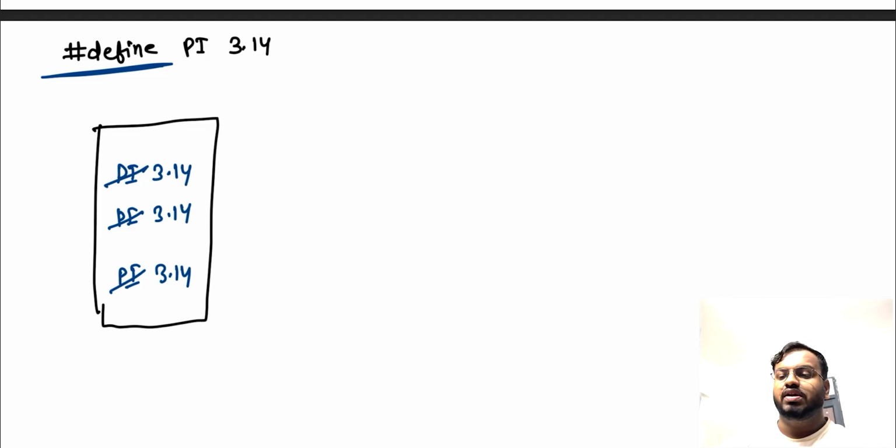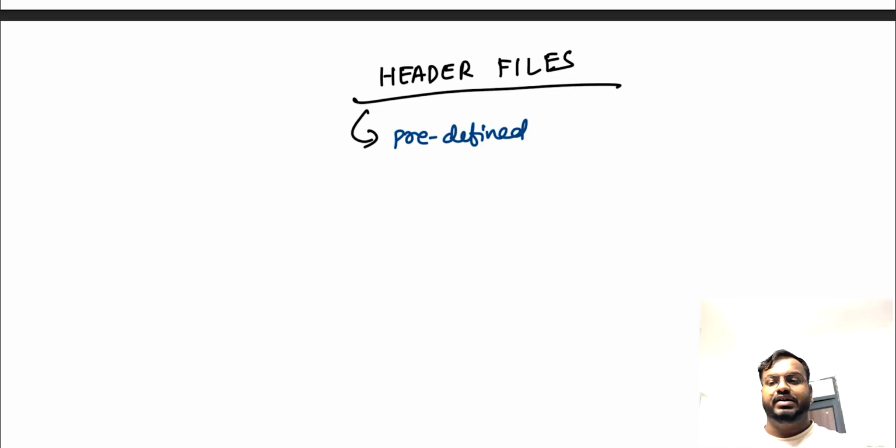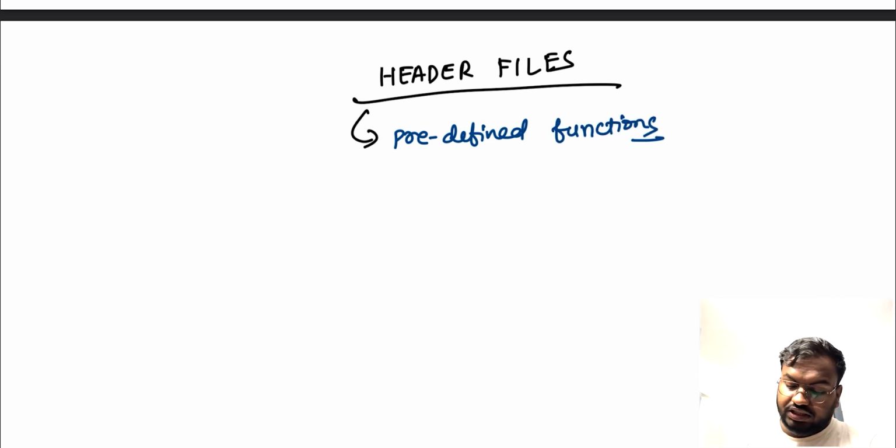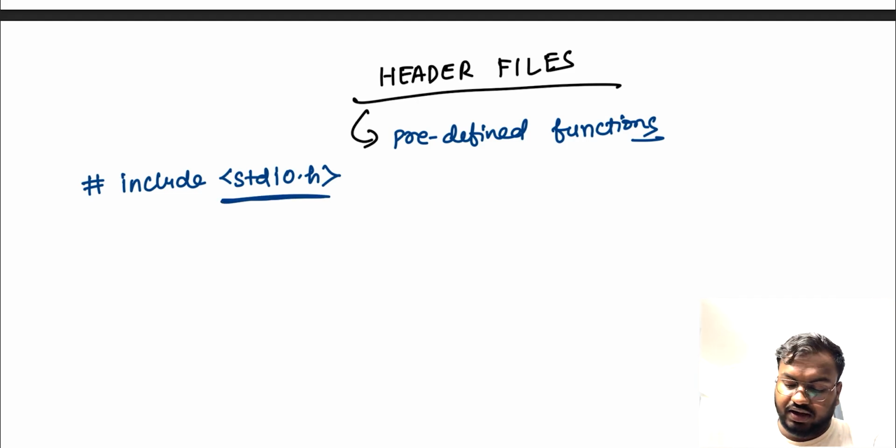So the next thing is header files. Now we will discuss header files. A header file contains some predefined and ready-made functions. For example, you must have seen hash include stdio.h. So what is this? This is a header file. What is the name of the header file?